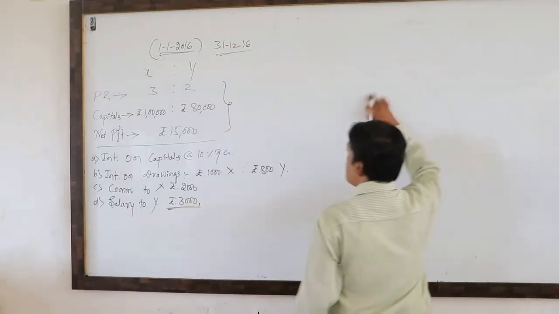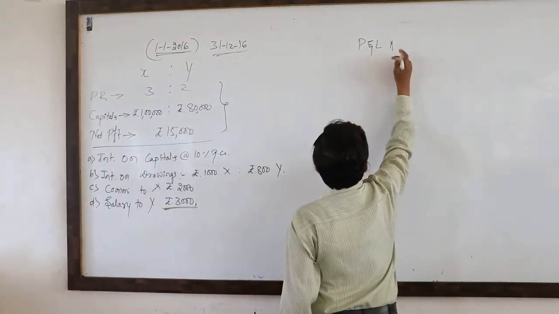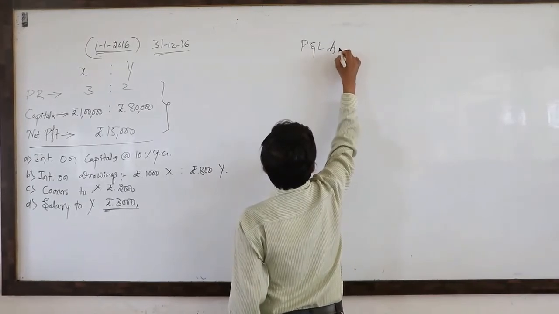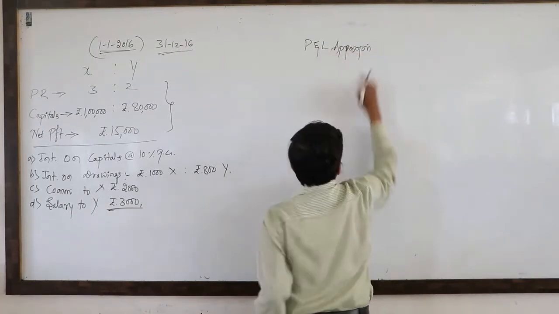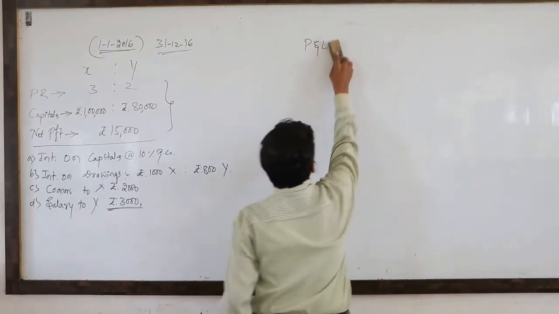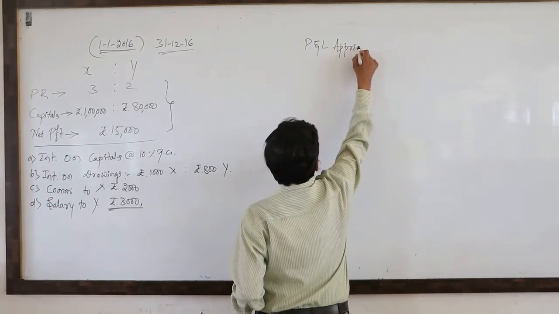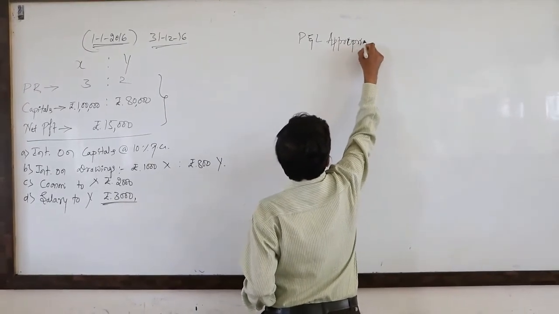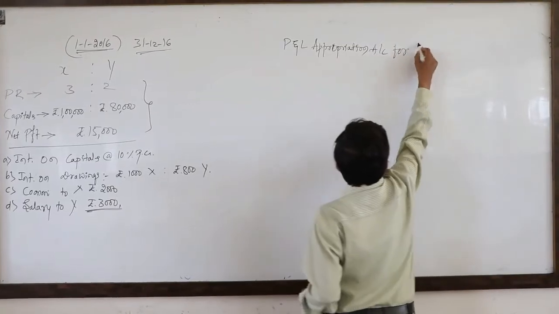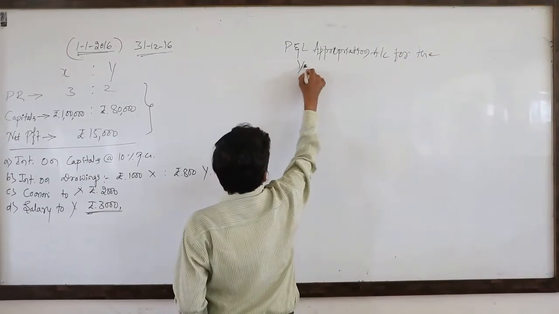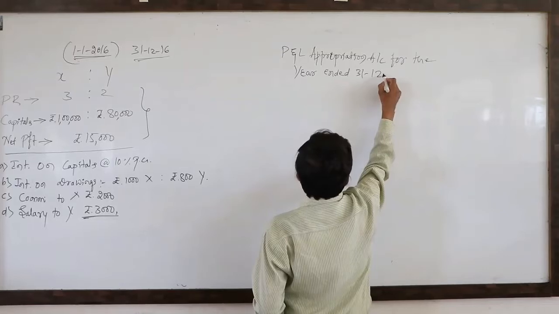So dear students, profit and loss appropriation account for the year ended, I hope you follow me, 31st/12/2016.